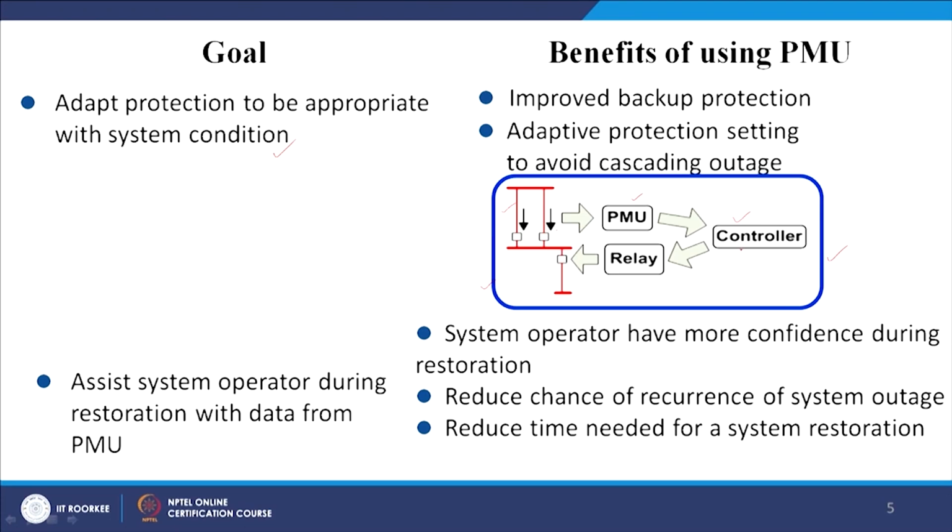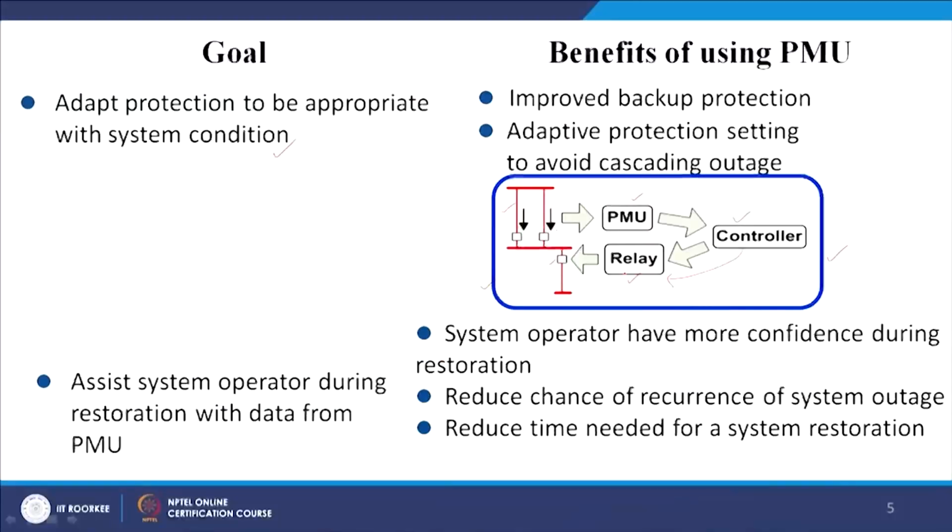Then the controller will inform the relay to take some corrective measures, and it will just open the corresponding breaker where it is desired, where it is required. That is what the PMU based adaptive protection scheme is. The relay itself is a local device, and it takes the decision based on its own algorithm.